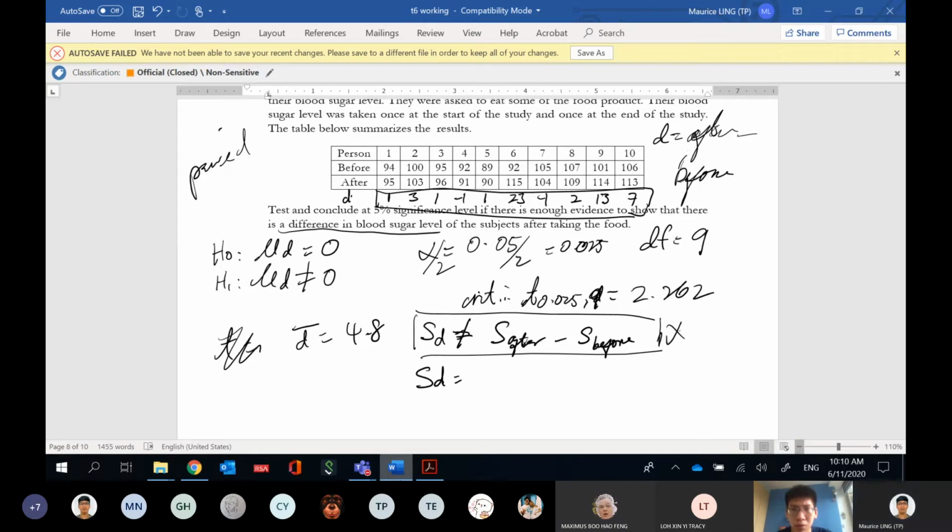Is it 7.52? No. 7.52, you are taking the population standard deviation. What you press on your calculator is the wrong button. You press this n, but you should press this n minus 1.